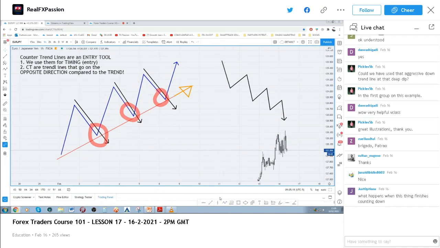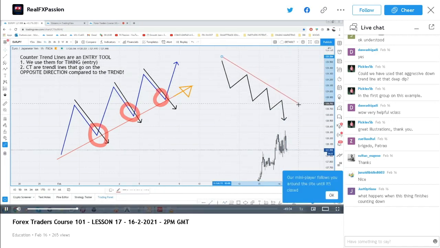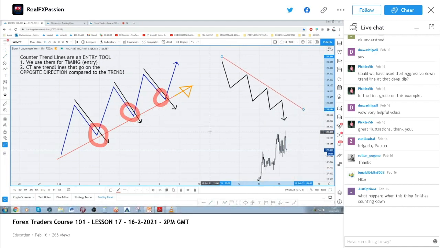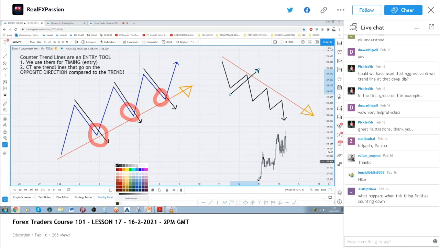And this would be the downtrend line, something like this. So how are the counter trend lines going to be? So if this is the downtrend and our direction is down, the counter trend lines are going to be in the opposite direction, right? Opposite direction.